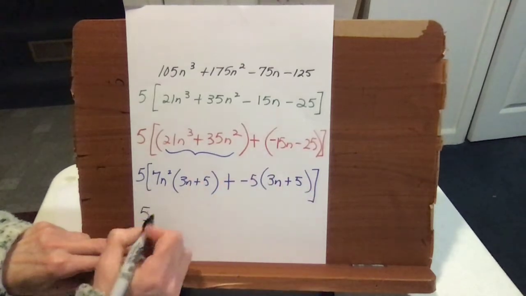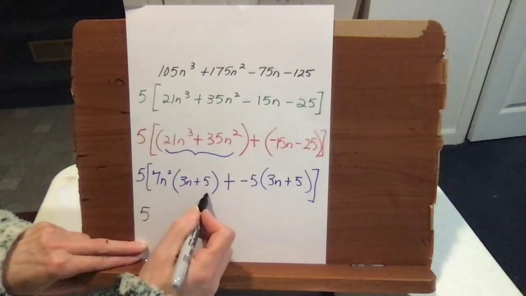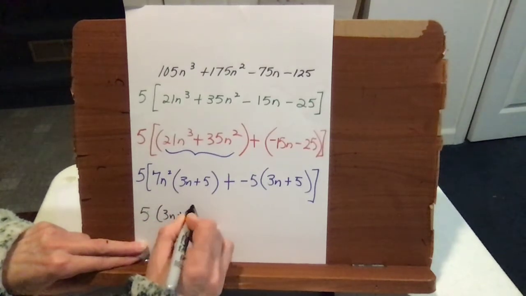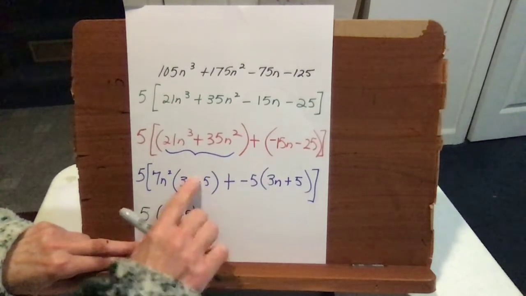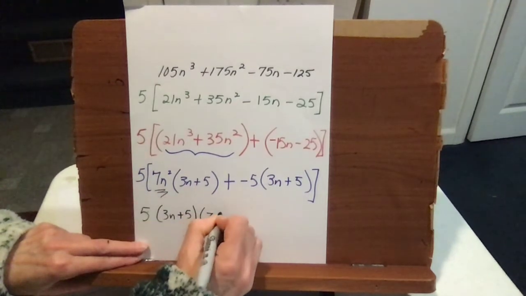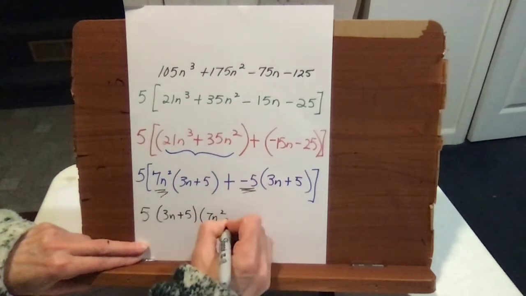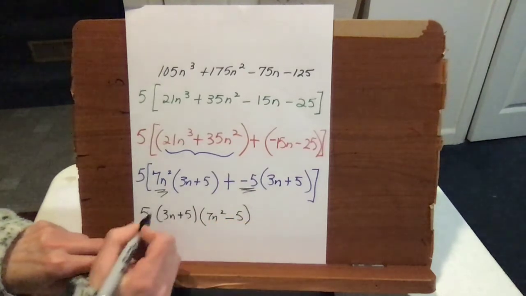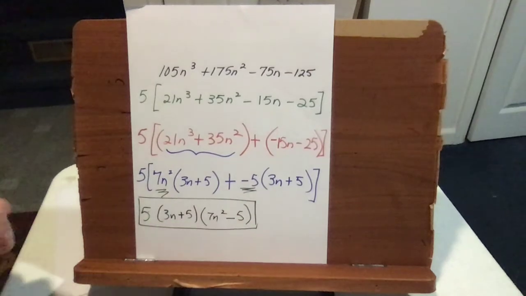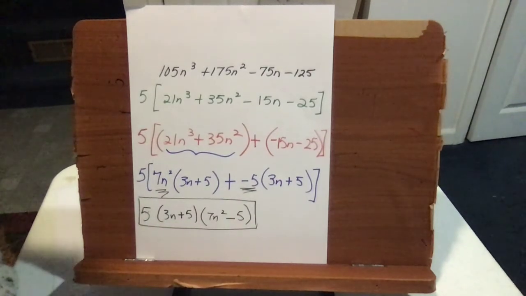We can drop the square brackets and take out the 3n plus 5 from each of these quantities. All right, so that quantity gets written here because it's in both. And what's left is 7n squared plus a negative 5, so minus 5. And that's our factorization. It's 5 times the quantity of 3n plus 5 times the quantity of 7n squared minus 5.